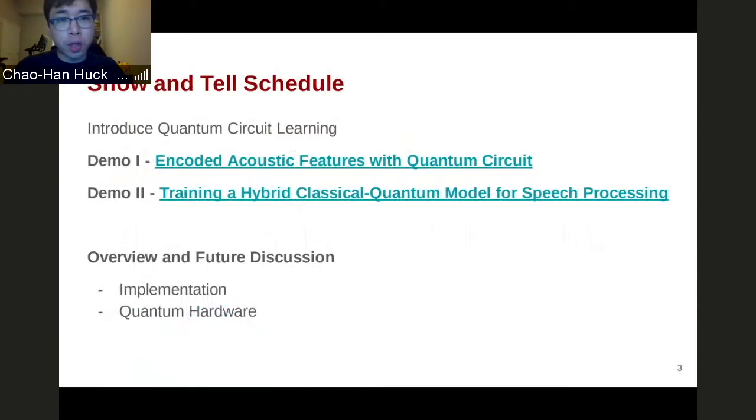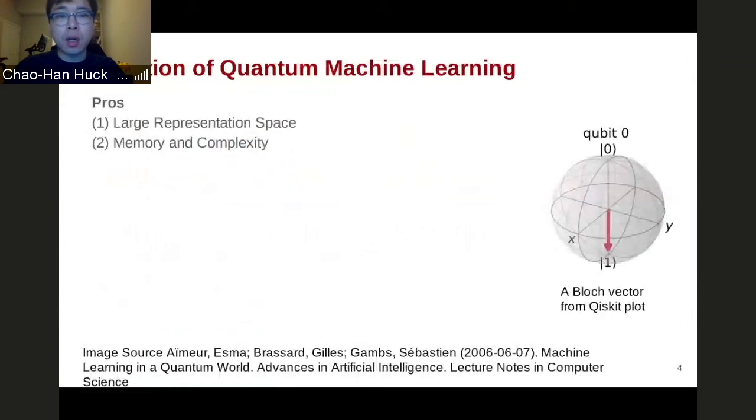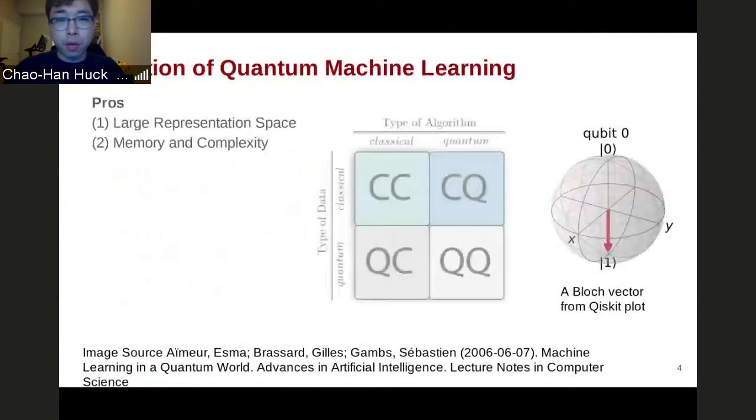So first, what is quantum machine learning? When we look at the term machine learning or statistical learning, first we want to determine what kind of data we want to process. It can be classic data like phonemes or speech, or some physical measurement, for example, gravity waves, in quantum format.